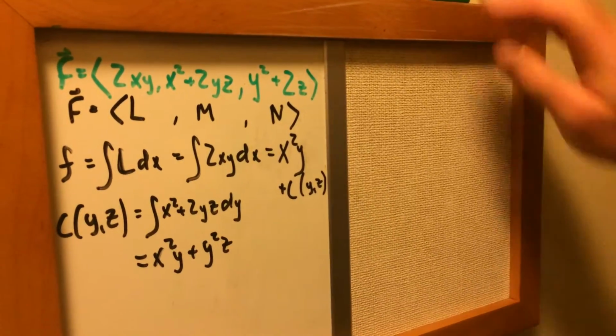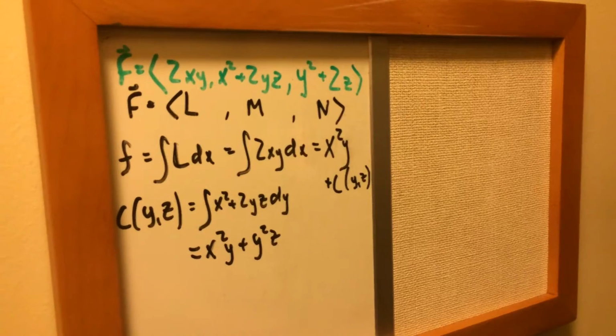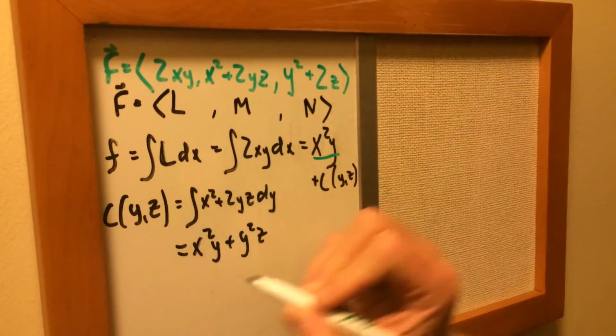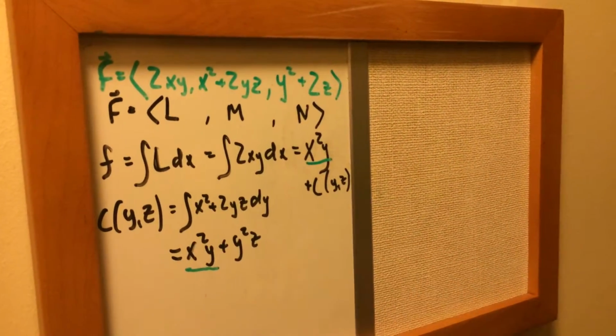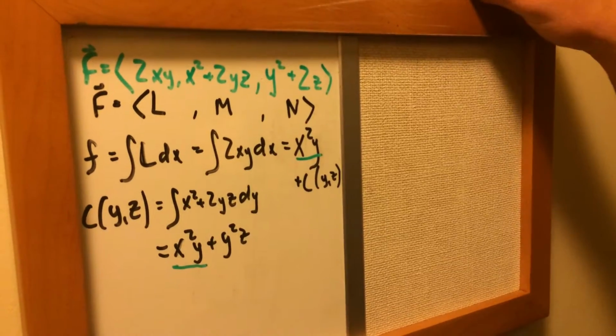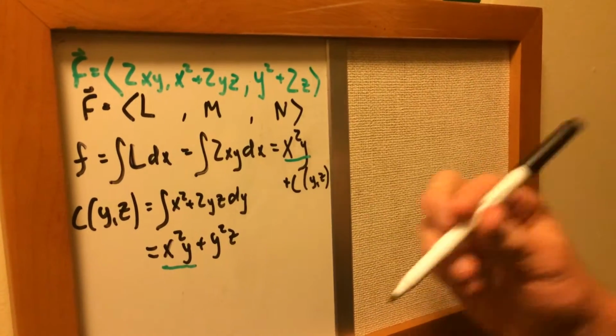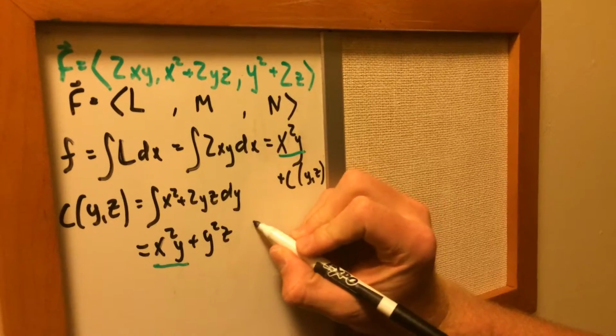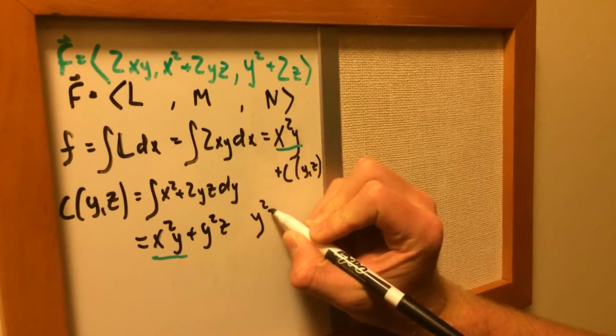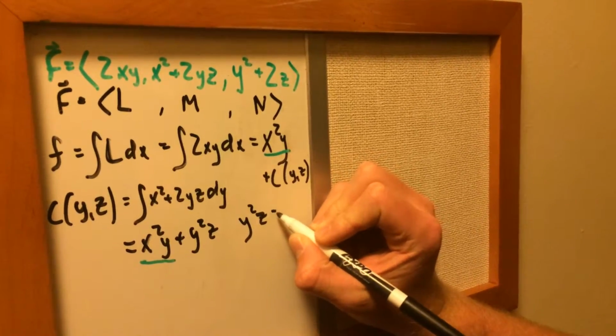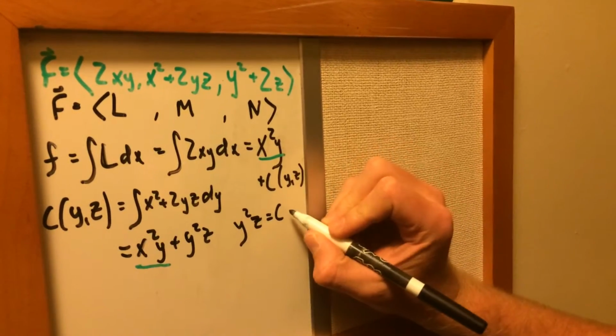Now it's important to note here that we have a repeating term. We have an x squared y term here and an x squared y term here. When terms repeat, we don't need to repeat them in the potential function. So this leaves us having y squared z as c in terms of y.